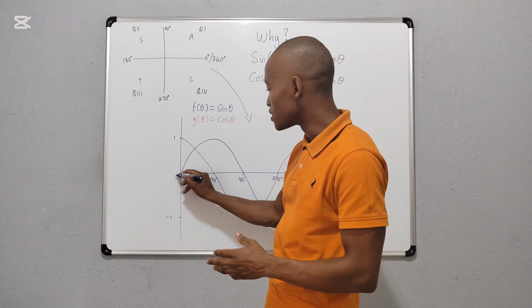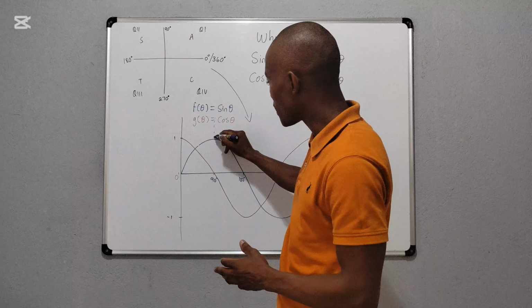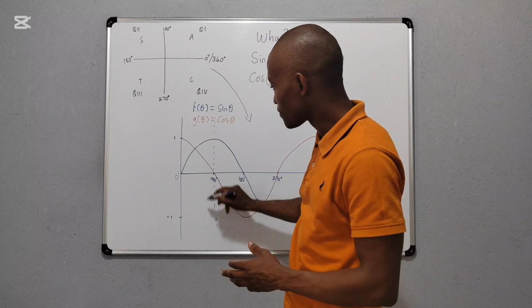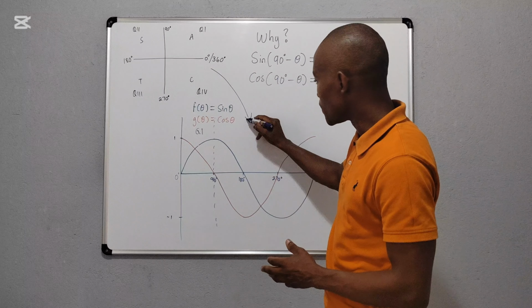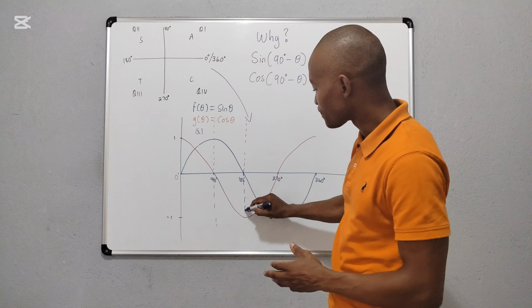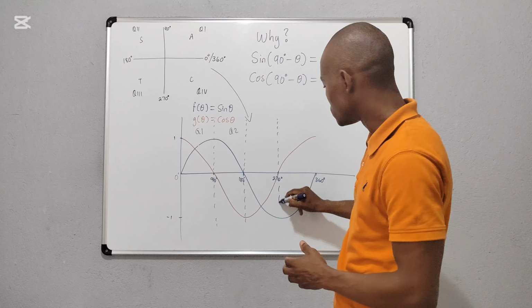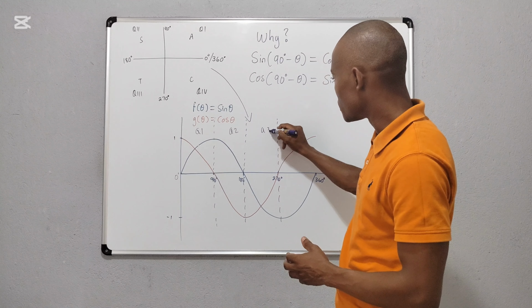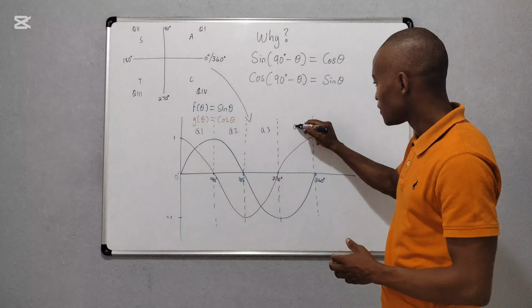So from 0 degrees to 90, we understand that to be quadrant 1, okay? And 90 to 180, that will be quadrant 2, that is quadrant 3, okay? Quadrant 4.